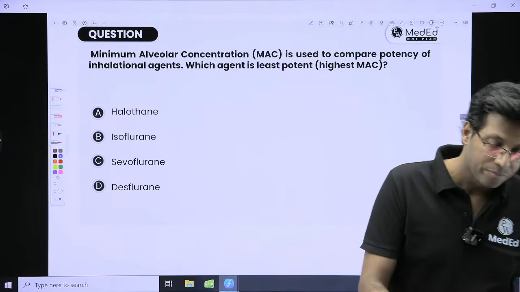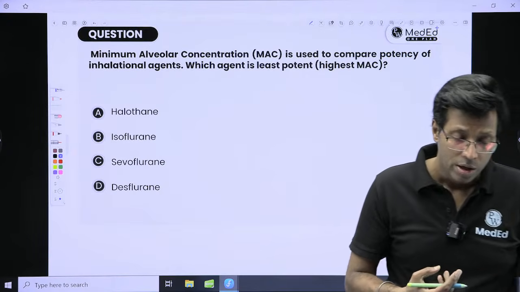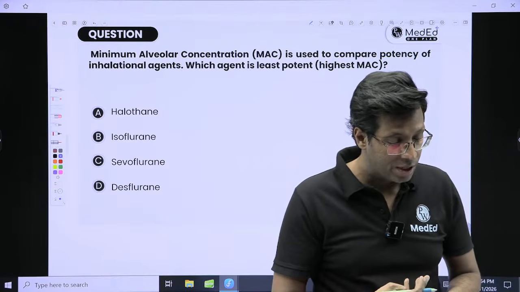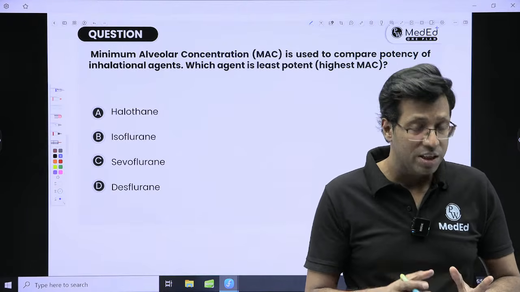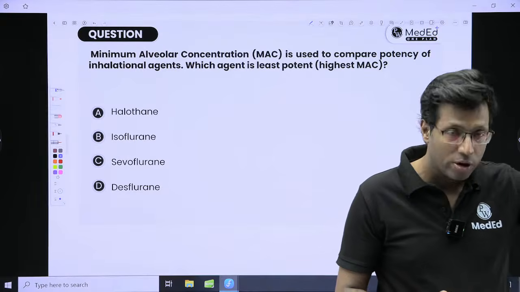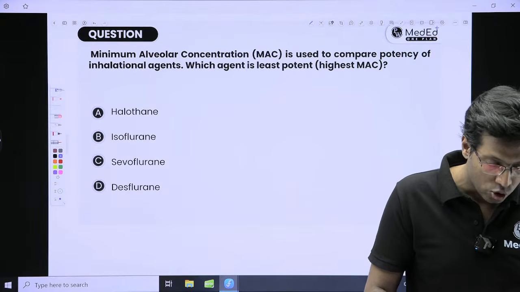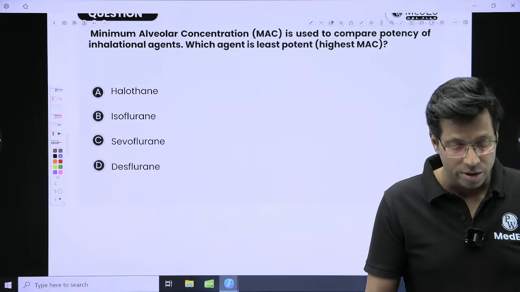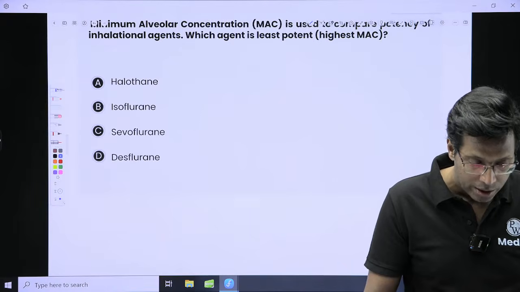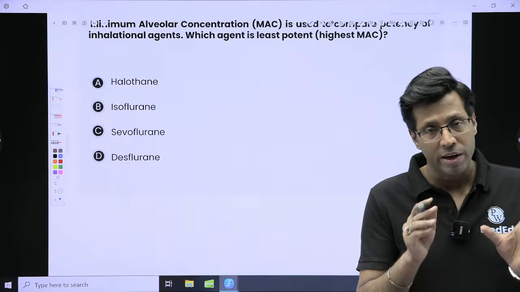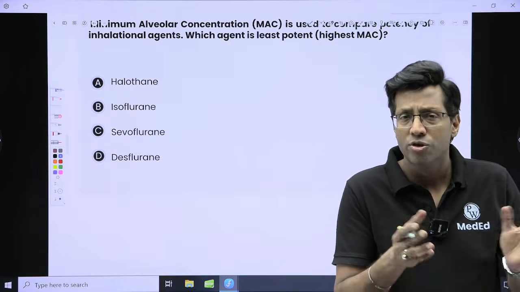Next question. Minimum alveolar concentration is used to compare the potency of inhalational agents. Which agent is the least potent out of them? So you have got halothane, isoflurane, sevoflurane, desflurane, or highest MAC. So remember, minimum alveolar concentration basically tells you the minimum amount of inhalational agent in the alveoli which produces GA.